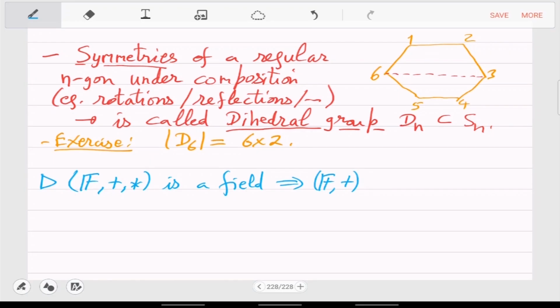F plus is an abelian group. And what is F star? Where by F star I mean remove the 0 and then look at the multiplication structure. That's also an abelian group.